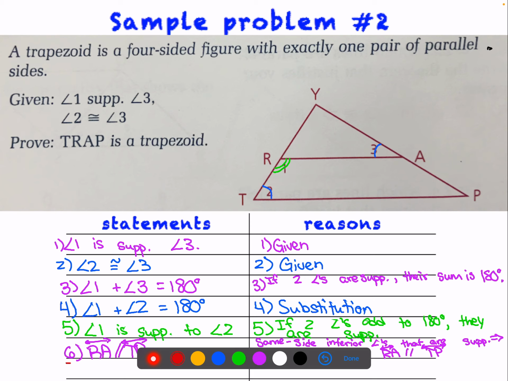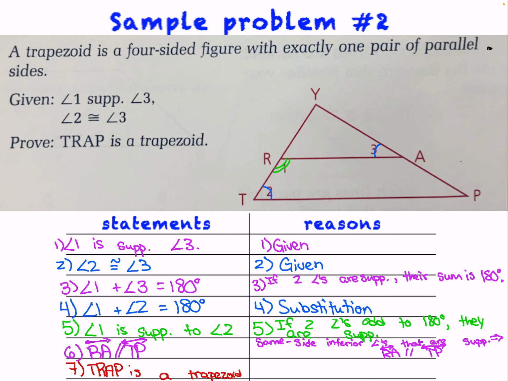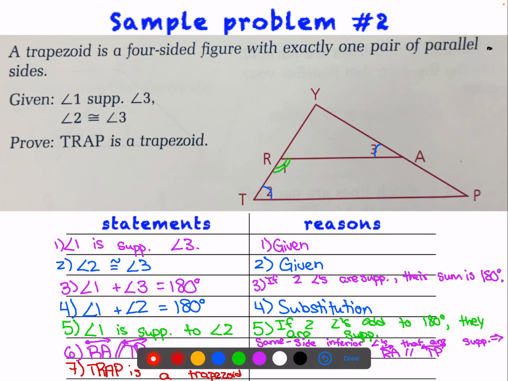Finally, we can say that TRAP is a trapezoid, because if a quadrilateral has one pair of parallel sides, then that is a trapezoid. So let me go ahead and just put that up here.